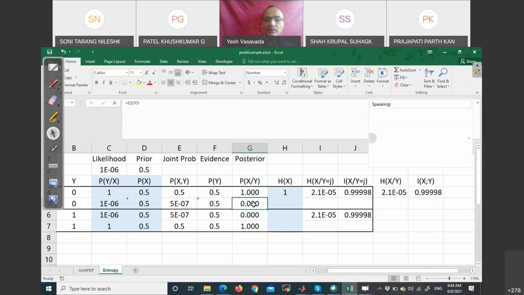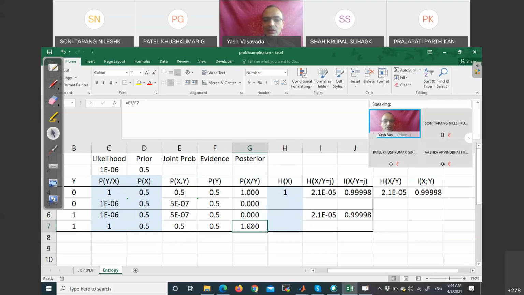Q double prime is pretty much becoming 0 and Q prime is pretty much becoming 1. Which makes sense. This test is so accurate that if you get 0, you can be almost certain that you don't have the disease. Whereas if you get a 1, then you have to be almost certain that you have the disease. So this test is highly accurate, and so you get the corresponding answer.